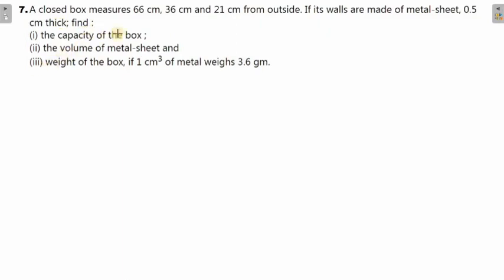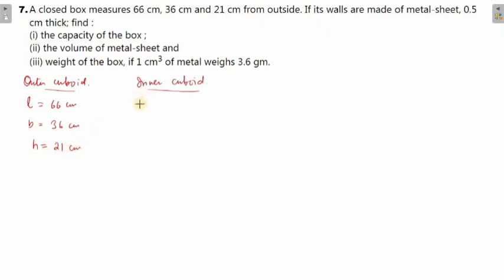There are two cuboids, the outer cuboid and the inner cuboid. For the outer cuboid, length is 66 centimeter, breadth is 36 centimeter and height is 21 centimeter.